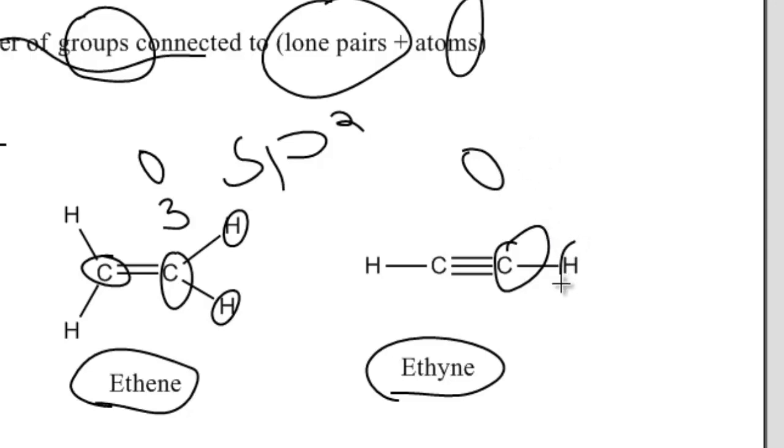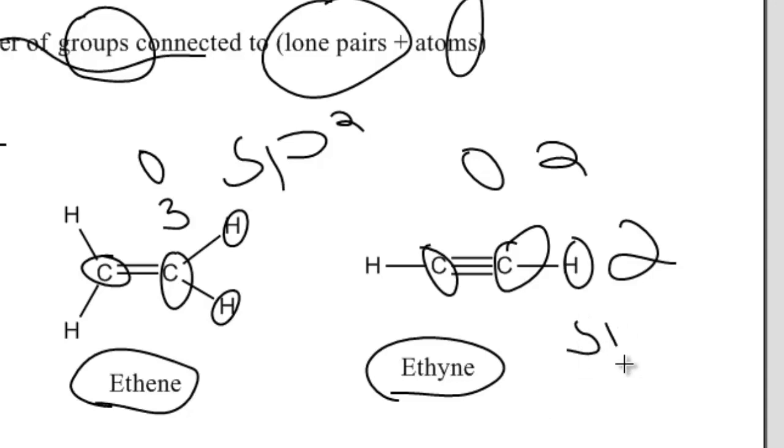For the number of atoms, this carbon is connected to 1 hydrogen and to another carbon by a triple bond. That means altogether 2. If we add 0 lone pairs and 2 atoms, that gives us the total number of groups this carbon is connected to, which is 2. If it's 2, we know from the table above it's sp hybridized.